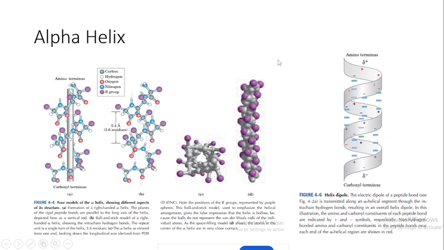After that, if I give you a question: one alpha helix has a total length of 54 angstrom. How many loops are there?